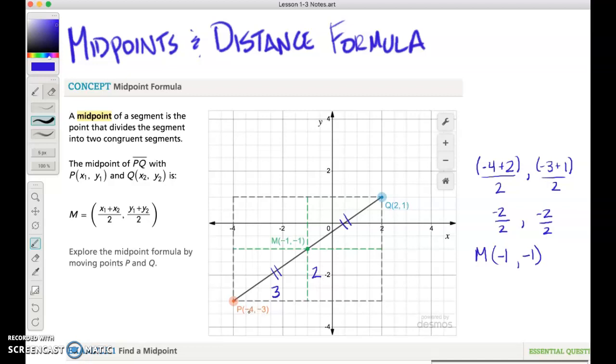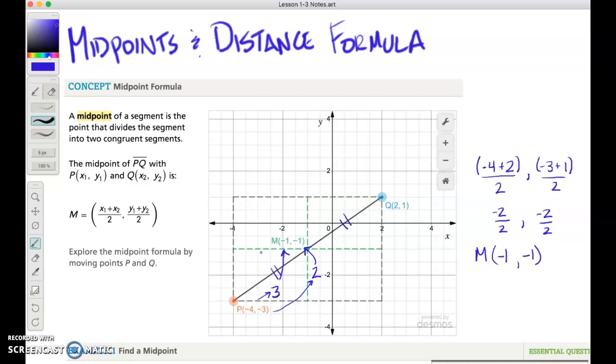And so now if I go from -4 and I go 3 units in the positive direction, I end up at -1. And if I go from -3 up 2 units, I end up at -1. So that's another way, maybe a more intuitive way, to think about why -1, -1 would make sense as the midpoint between these two endpoints of the segment.